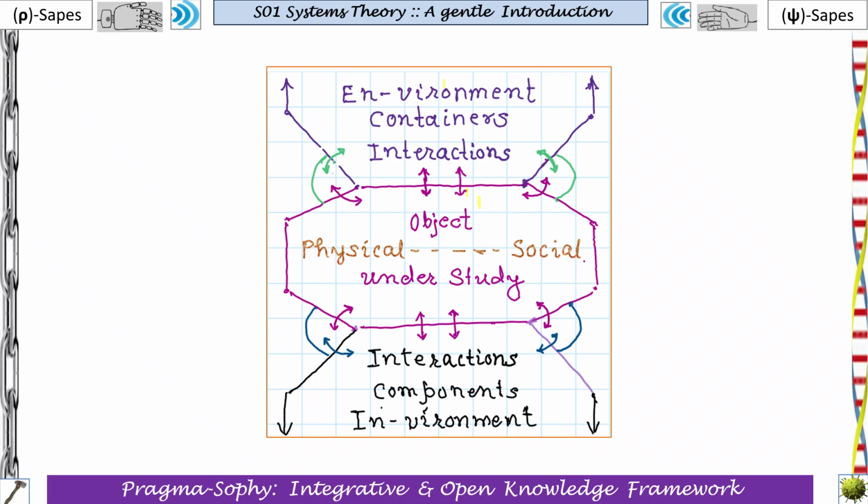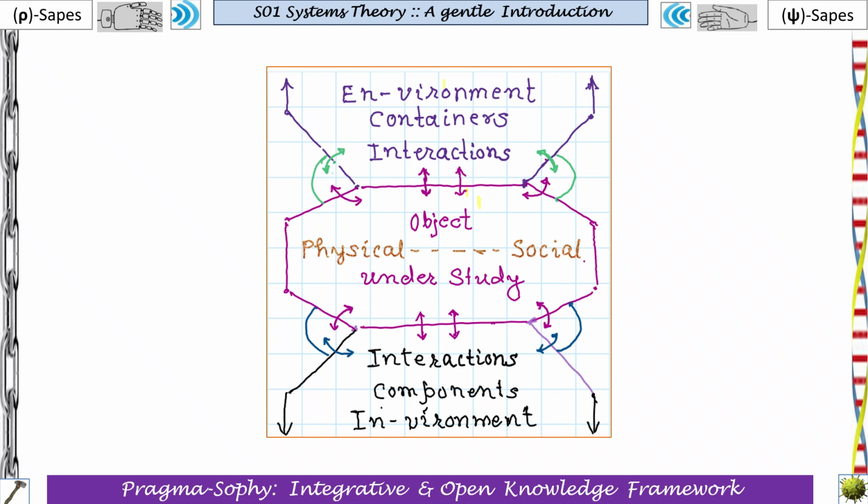In some cases there could be one-way links, but generally we treat them as a two-way link, and we call that interaction. The environment sends inputs to the object and the object sends outputs back into the environment. For example, a tree takes sunlight and nutrients, which are inputs, and releases oxygen and shade as outputs.